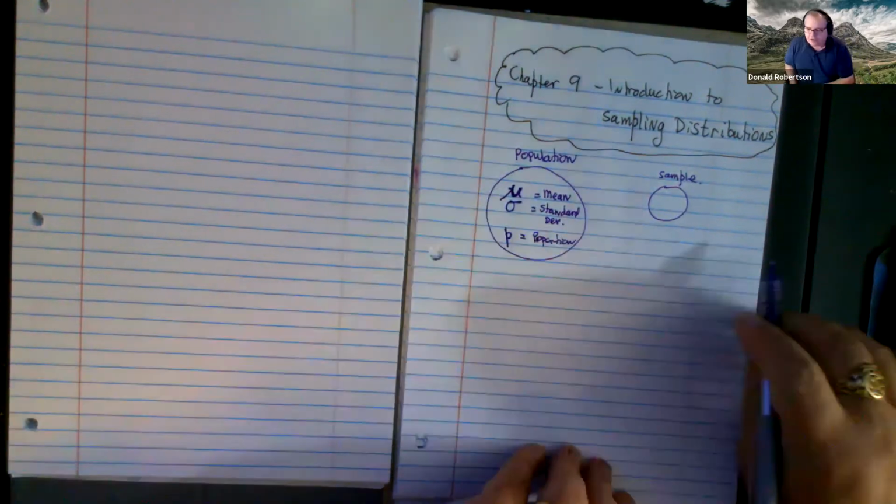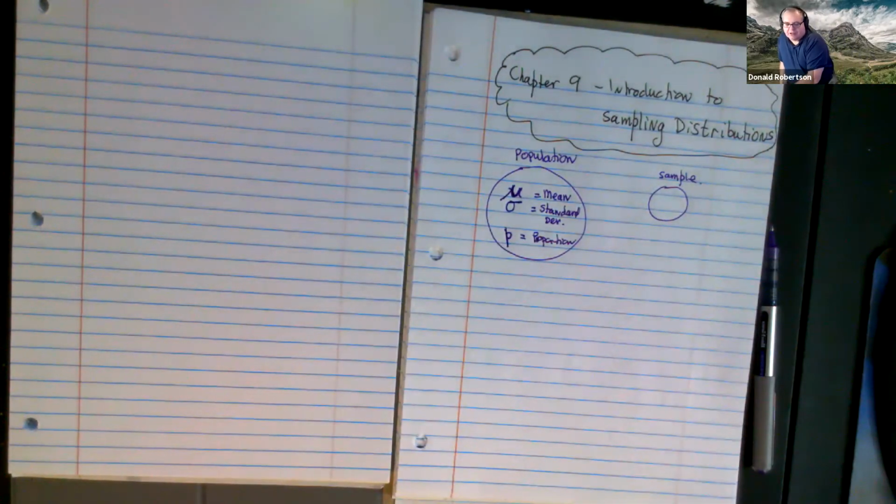And you might be interested in this, and we'll use the letter P, and that's the population proportion. Can you imagine you went and asked everybody in the high school, do you take drugs? Then P could be 0.2, right? Or 0.02, whatever it might be.